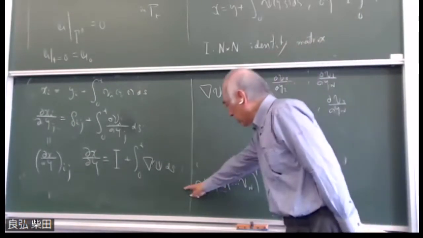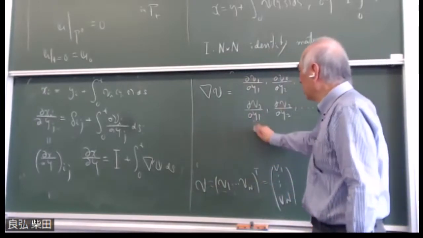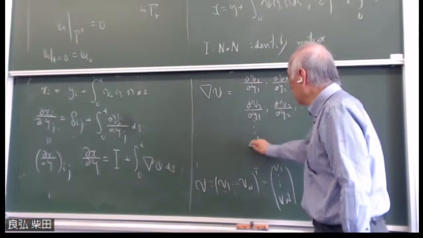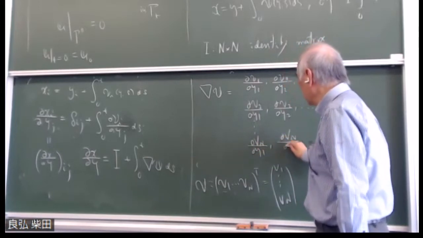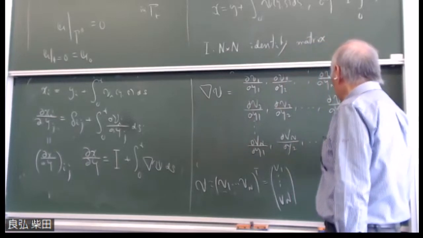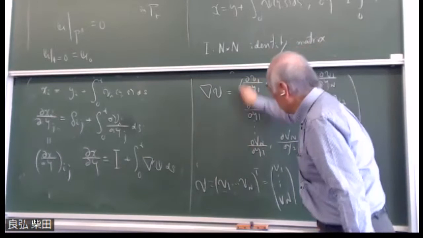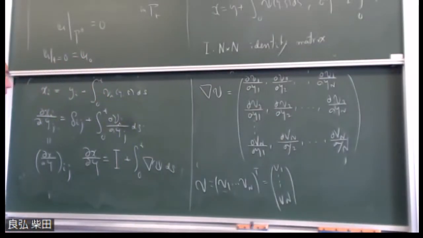And then the differentiation is this way. This is the gradient of b.